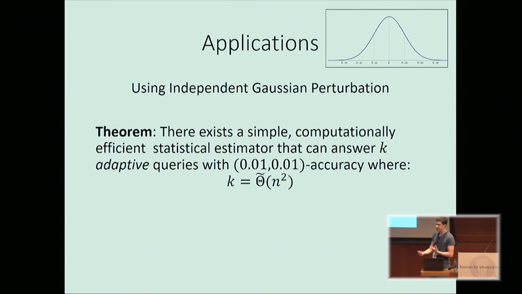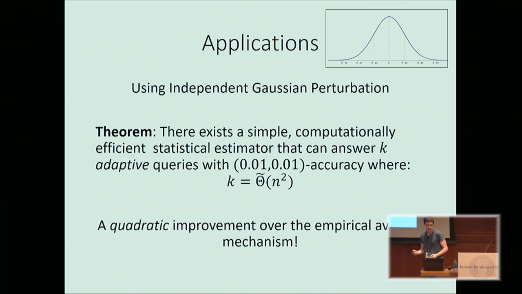And if you combine that simple algorithm with the transfer theorem, then what you obtain is a simple, computationally efficient statistical estimator that can guarantee that for k as large as n squared, it can answer all k of the queries with at most 1% error 99% of the time.